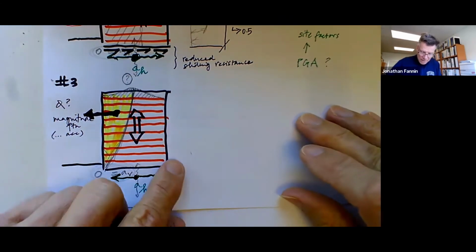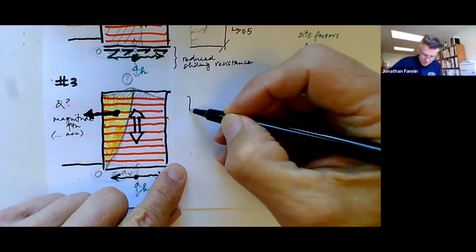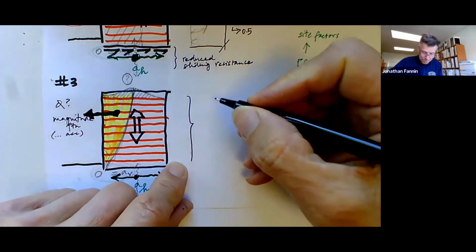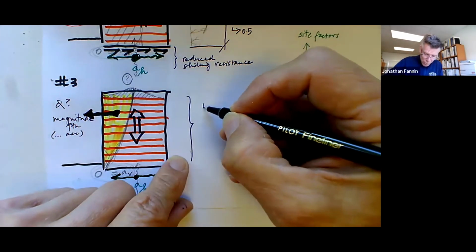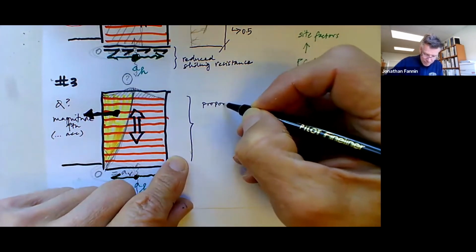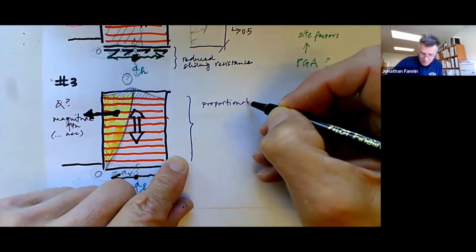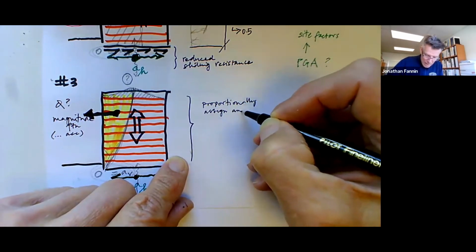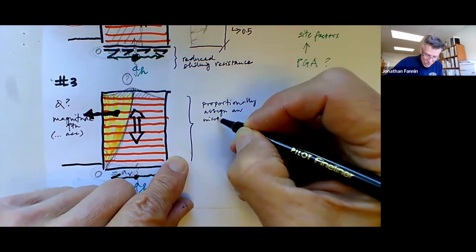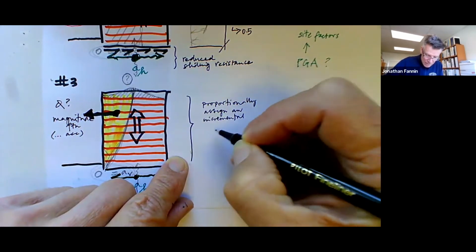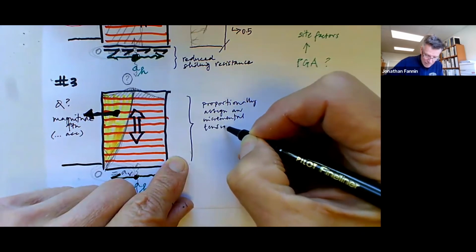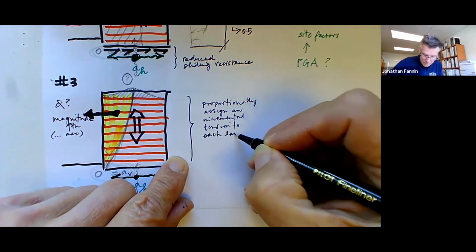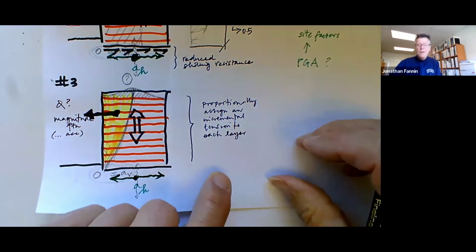So on the demand side, we need to proportionally assign an incremental tension to each layer, right?